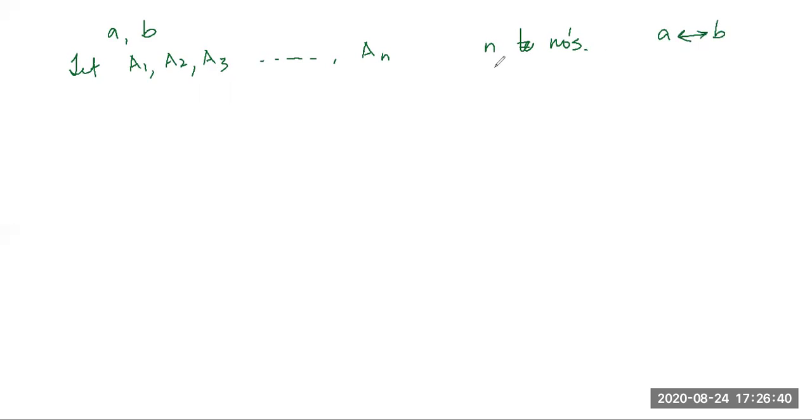So students, let's imagine A and B are two numbers. Between A and B, we want to insert A1, A2, A3 till AN. So we want to basically insert n numbers between A and B. We want to make sure that all the numbers are in AP.